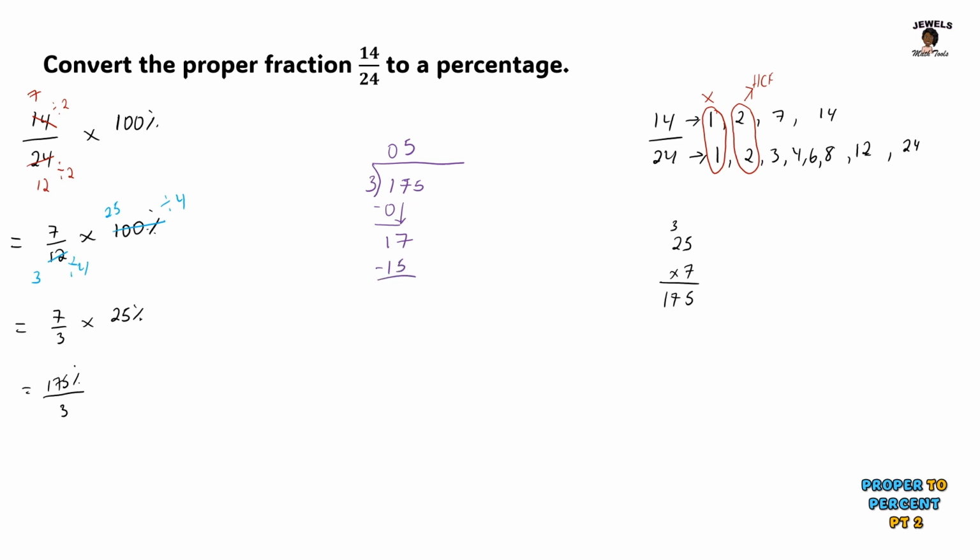When 17 subtracts 15, we get the difference of 2. We're going to bring down our 5, changing 2 into 25. 3 will divide into 25 8 times. 8 times 3 gives us 24. 25 minus 24 gives us the difference of 1.